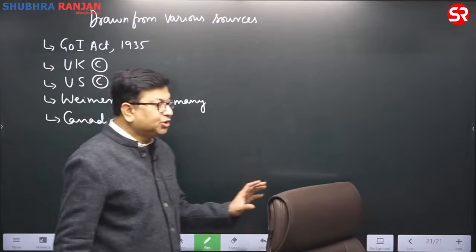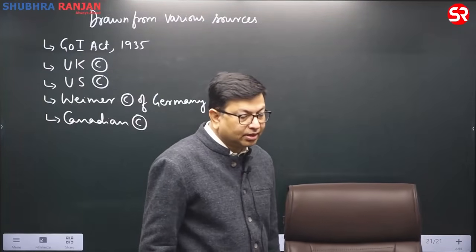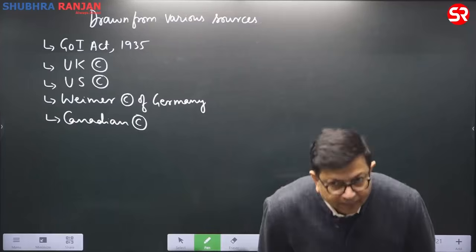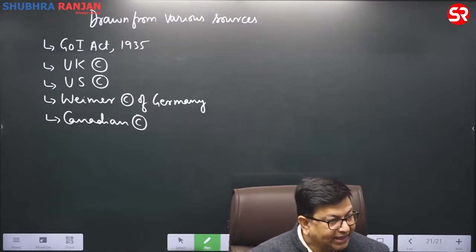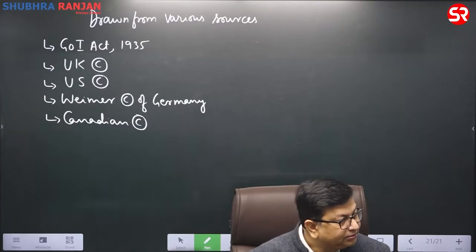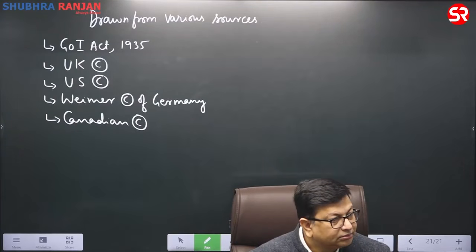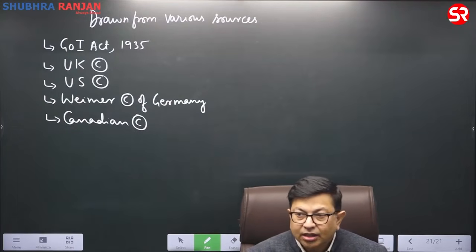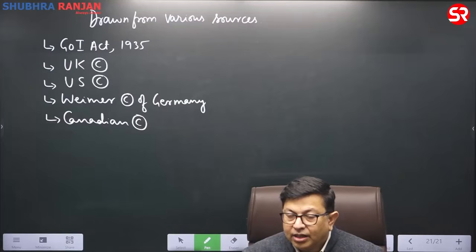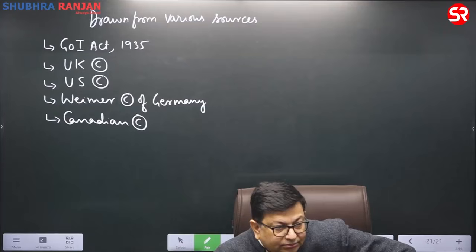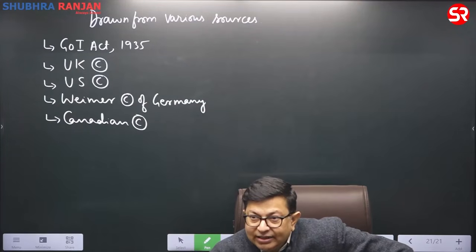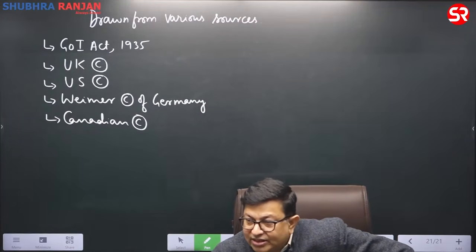Then Canadian Constitution, a federation with a strong center, then the residuary powers vested in the center.